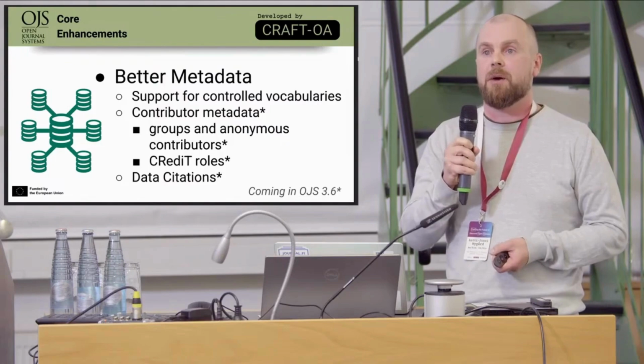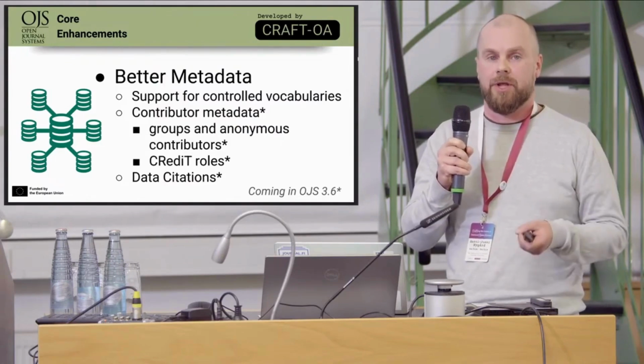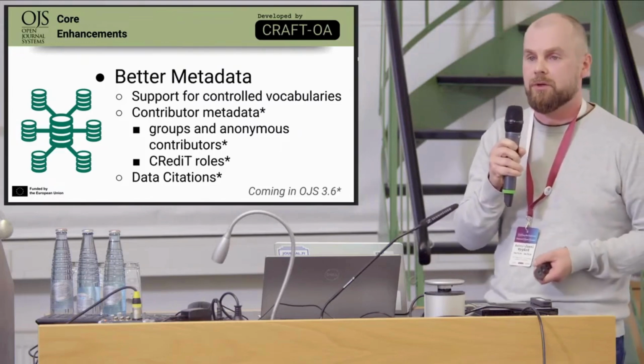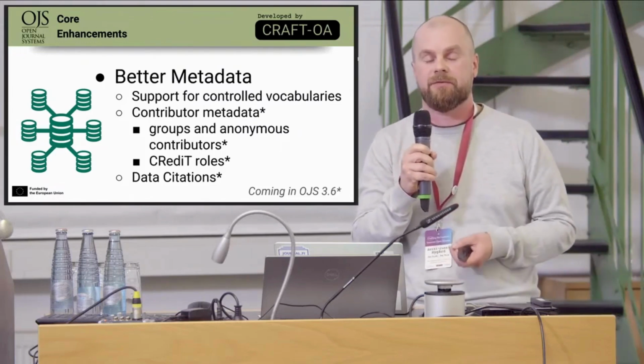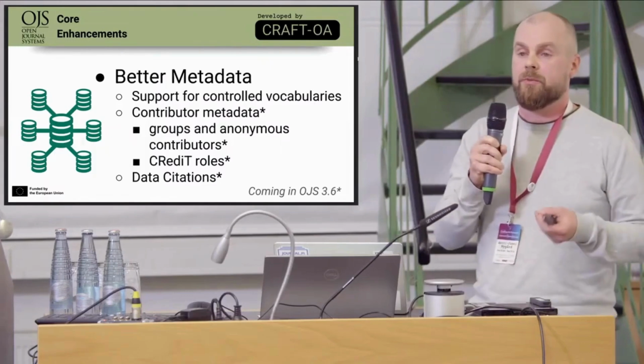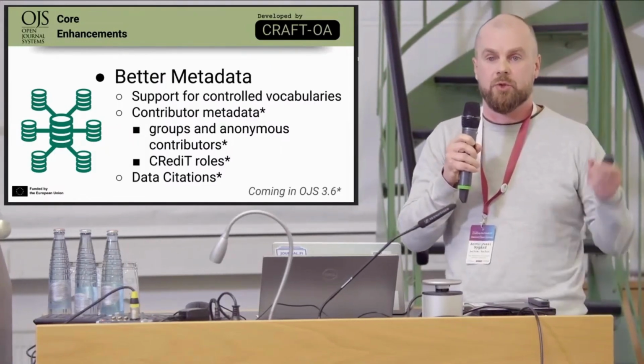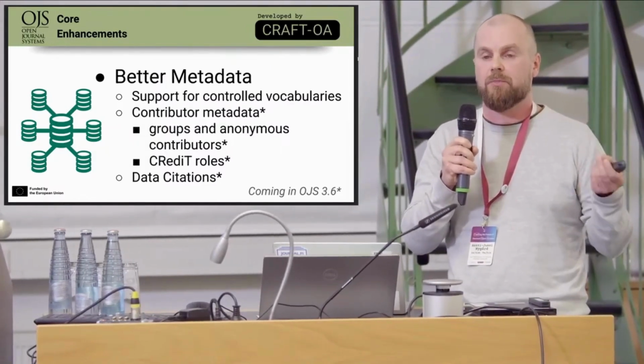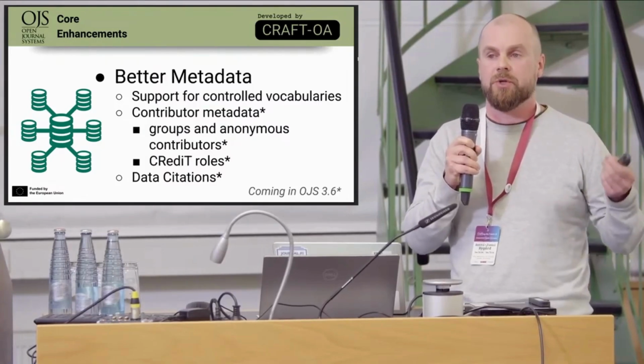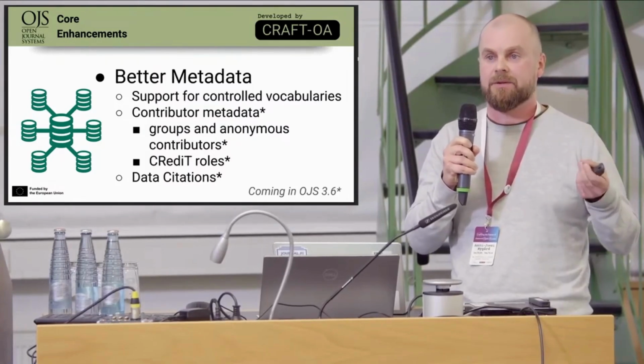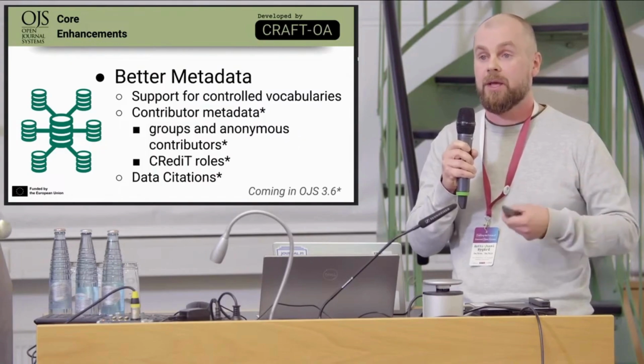So if you have, for example, a national vocabulary for keywords, we have something like that in Finland, you can create a really simple plugin that supports that specific vocabulary, hook that into the keywords field, and then the data is stored in a proper way.